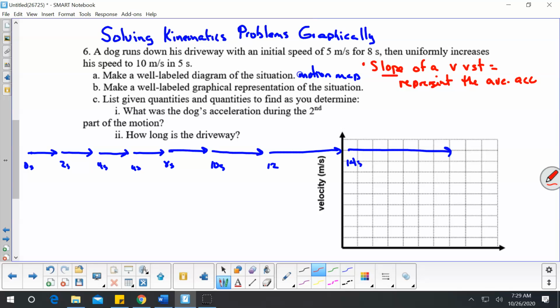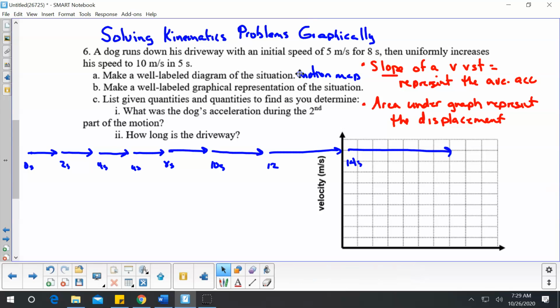That's one piece of information we need to remember. The second one is the area under the graph represents the displacement. Those are two important pieces of information we need to remember.